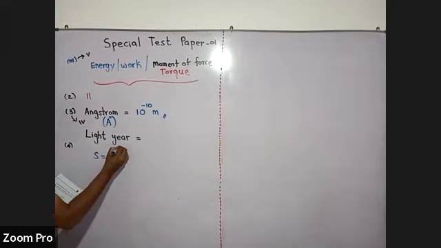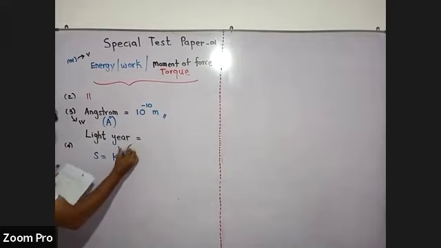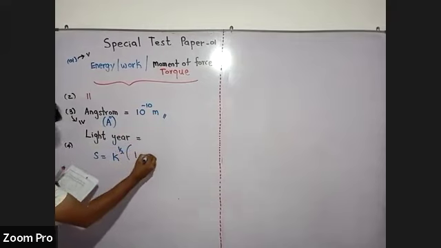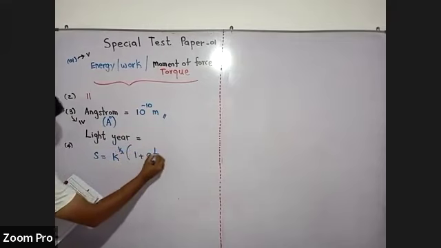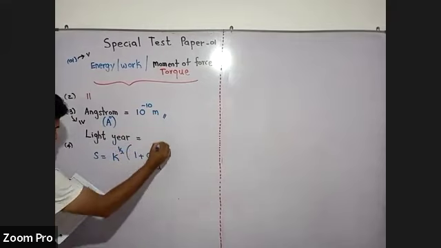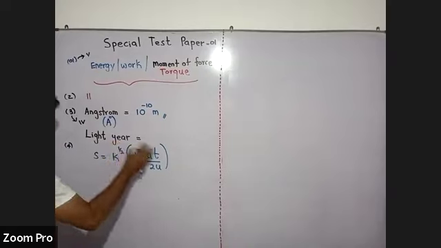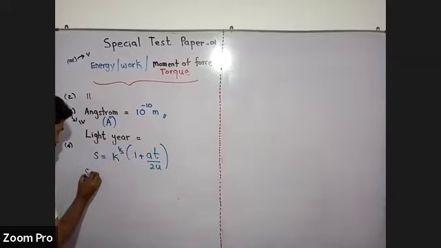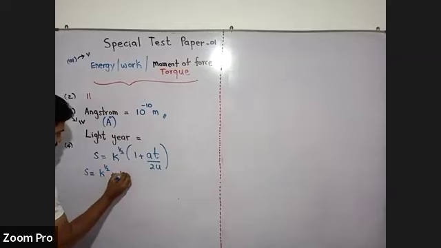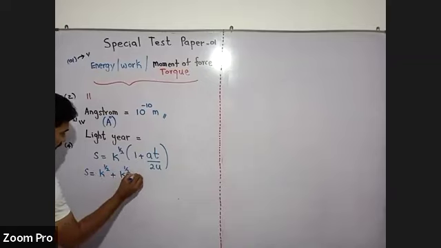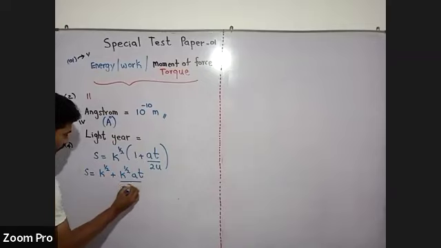Now it's x equal to k half within bracket 1 plus at over 2u. Right. So there are so many methods to simplify this question. I expand this equation, right? So it is equal to k half plus k half at over 2u.